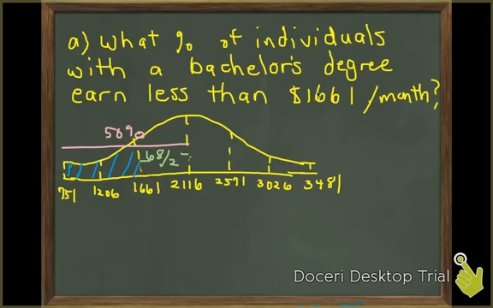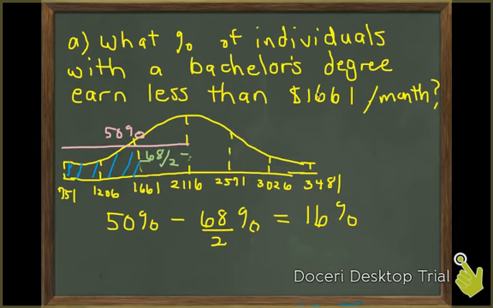So to get the area that I want, I can take the 50% and subtract 68 divided by 2%, which is 34, and I end up with 16%.